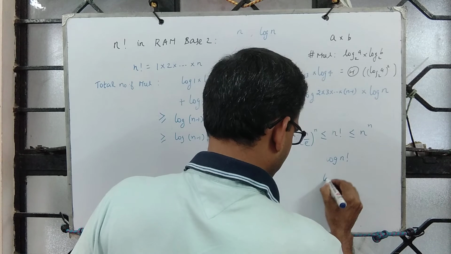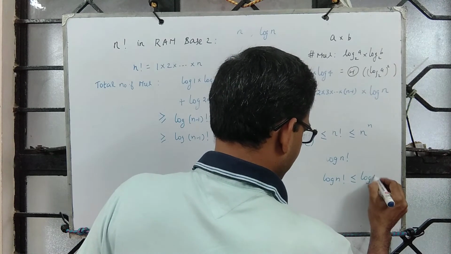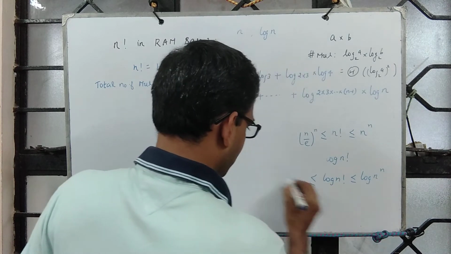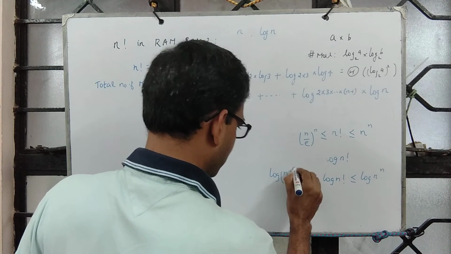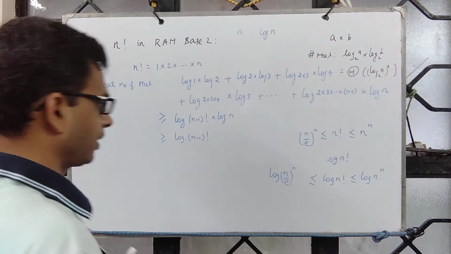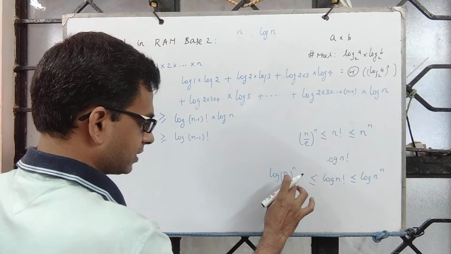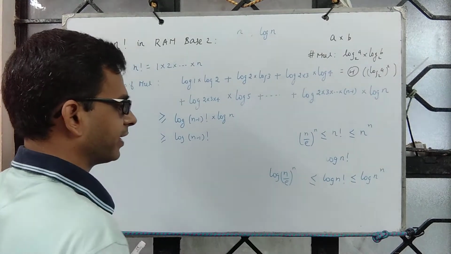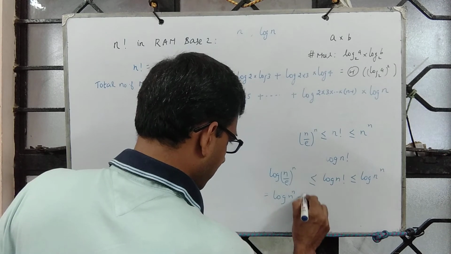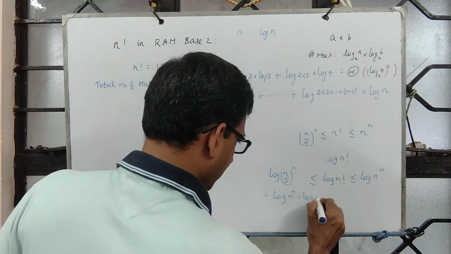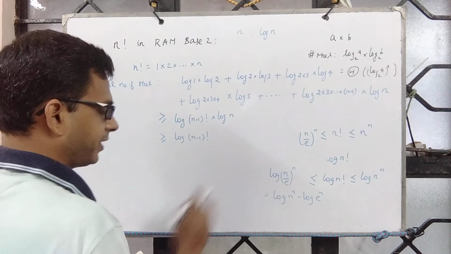On one side it is log n power n, on the other side it is log n by e to this. So something like this can be rewritten as log n power n minus log e to the power n. Correct? That's really what we are going to plug in here.